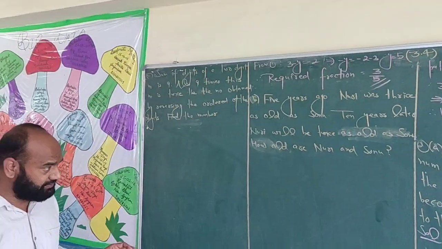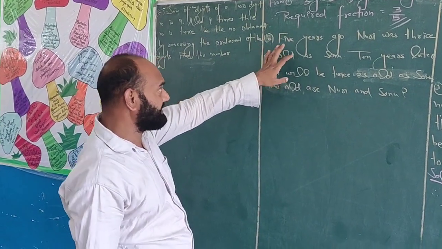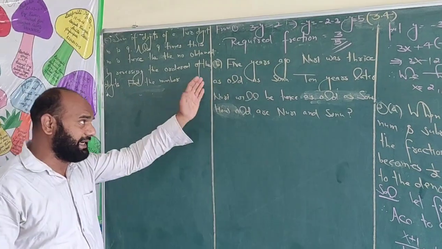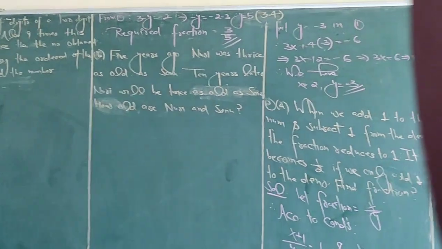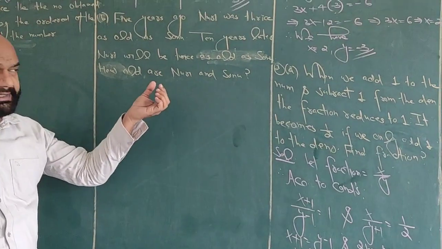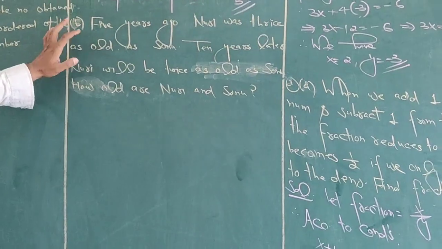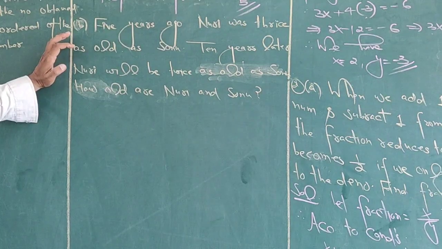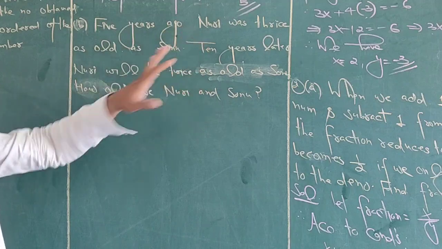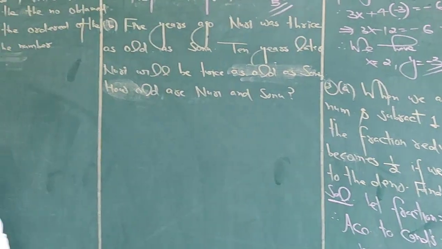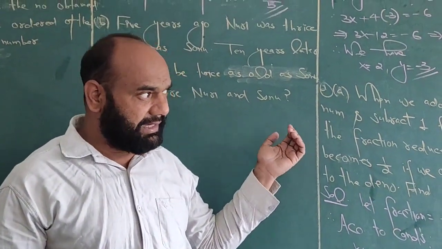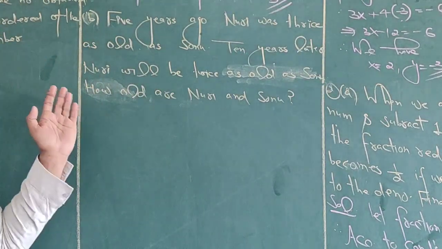Now the second part of the second question: 5 years ago Nuri was thrice as old as Sonu. 10 years later Nuri will be twice as old as Sonu. How old are Nuri and Sonu? In this question, 5 years ago means before. 5 years before, Nuri was 3 times the age of Sonu.